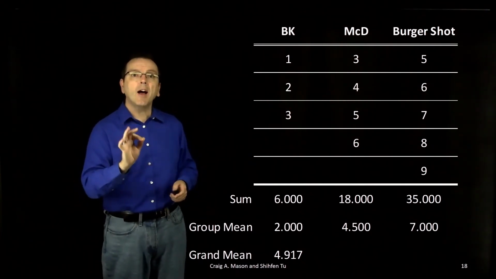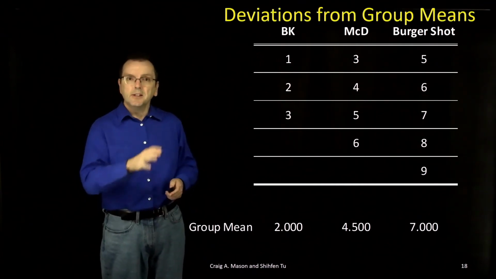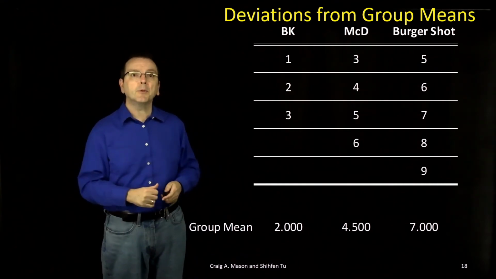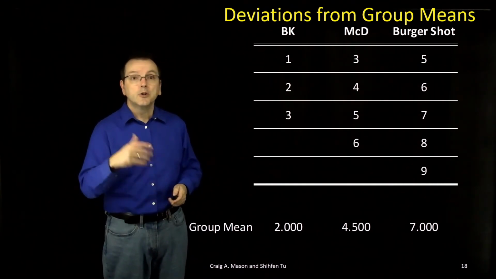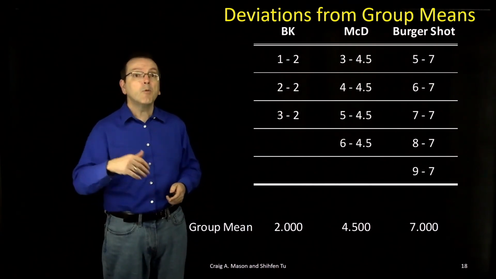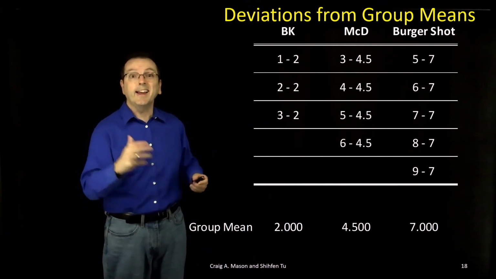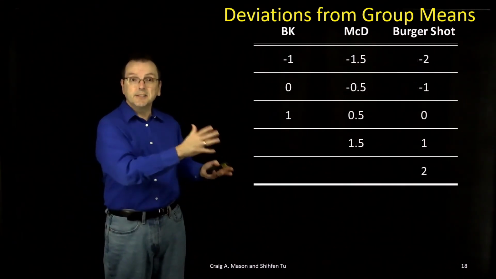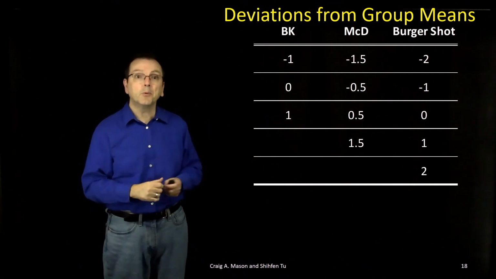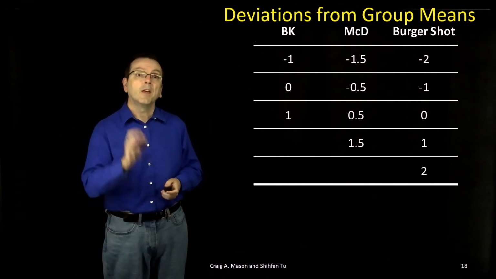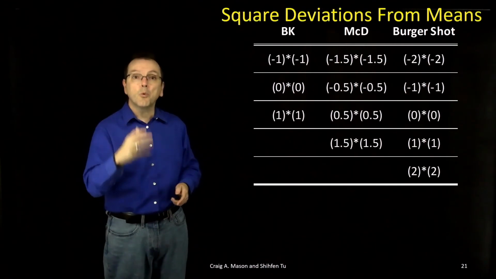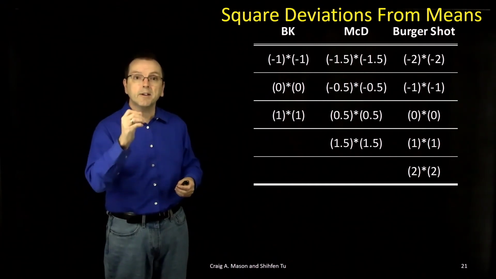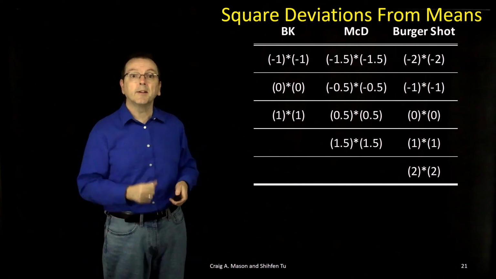Let's then focus back on the group means, subtracting the group mean from each of the scores in that respective group. So we subtract 2 from every Burger King score, 4.5 from every McDonald's score, and 7 from every Burger Shot score. This gives us the deviations from the group means. Our next step is to square each of these deviations in order to calculate the squared deviations from each group mean.